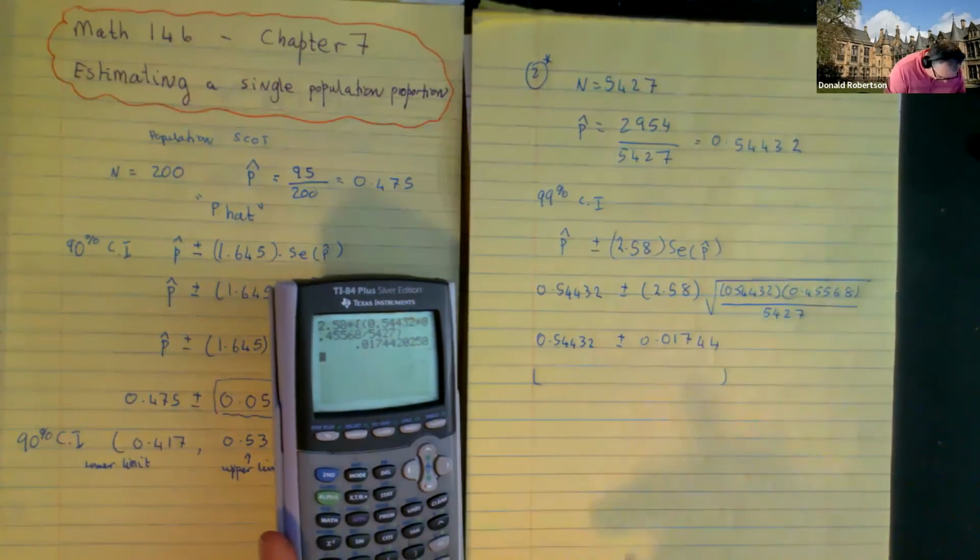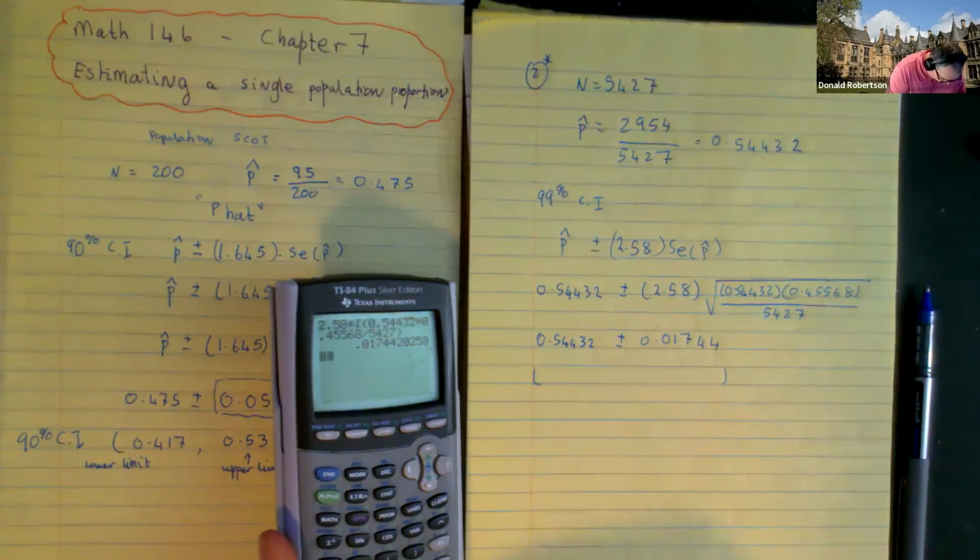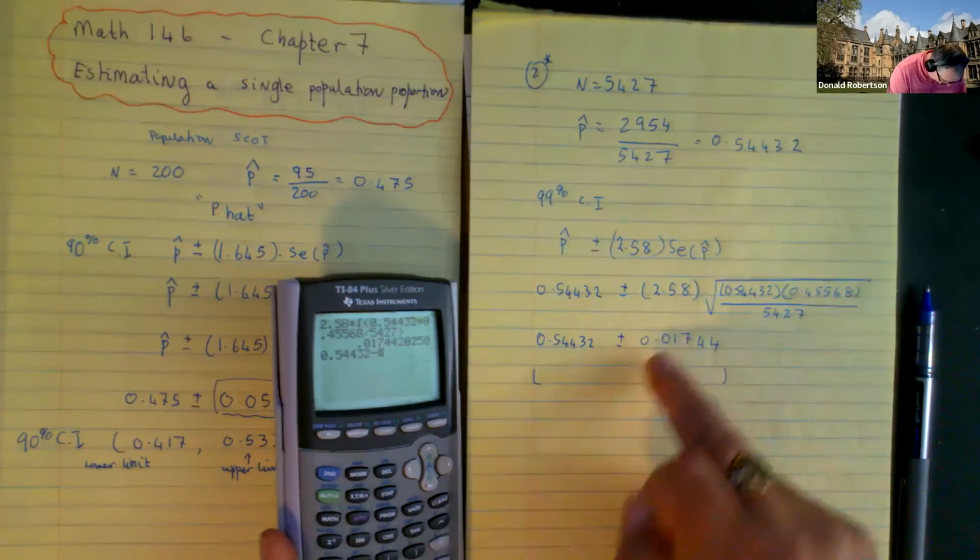And take it away and let's see what we get. So 0.54432. Take away that guy.